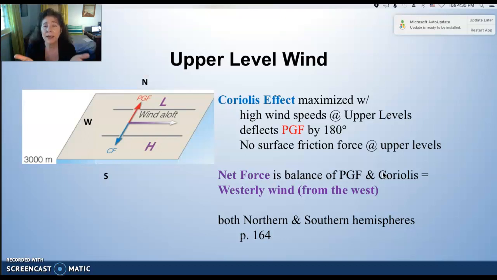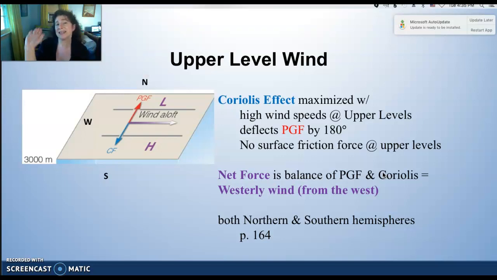So you are really looking at the horizontal movement from high pressure to low pressure. That is the same in the southern hemisphere and the northern hemisphere. The high pressure in the upper levels is at the equator, moving toward the low pressure at the poles. Same thing in the southern hemisphere.